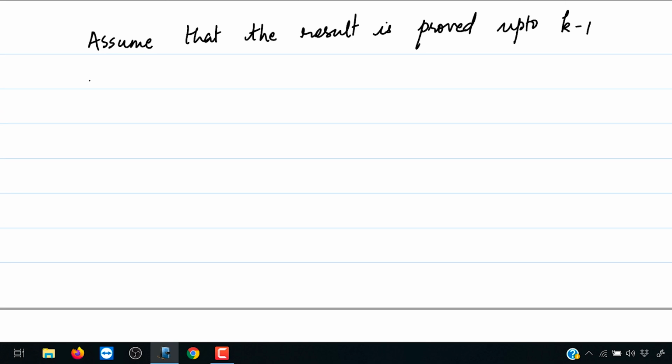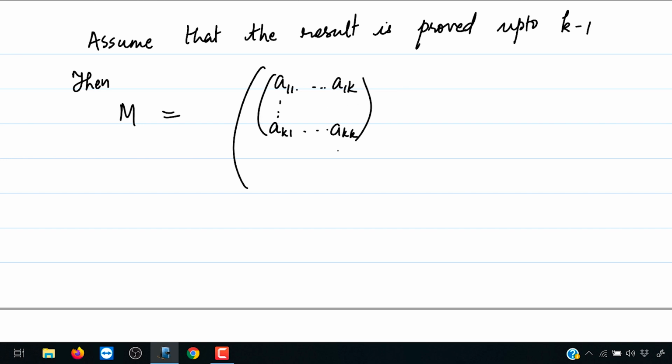So for the case k, then M is equal to, let me write down A explicitly for you. There will be A1k, Ak1 to Akk. This will be the first block, right? The capital A. And below will be a 0, which is of the relevant size. There will be a C and there is a B.